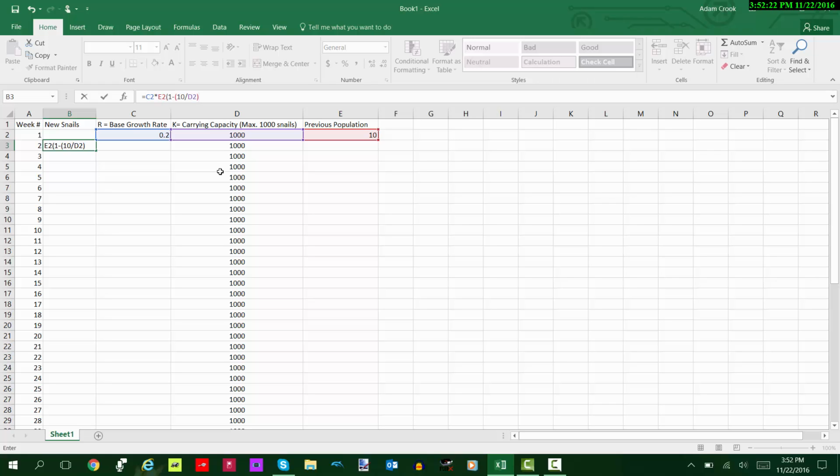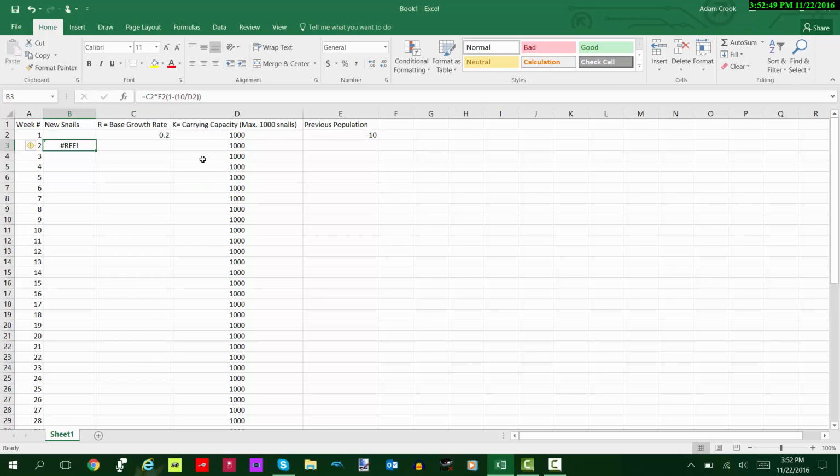So it's the product of this times 1 minus the previous population over K. Do you think that's the correct formula? It looks correct. I'm pretty sure that's right. Alright, let's see what we get.